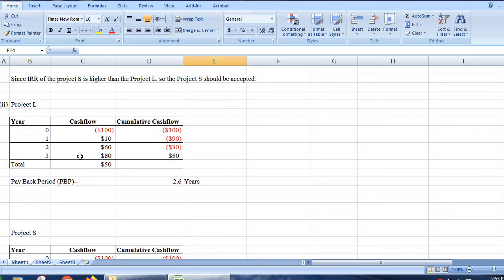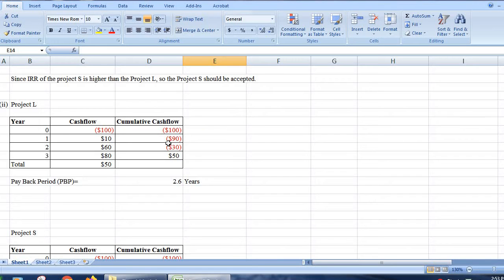For project L, the initial investment is $100 million, so its cumulative cash flow does not change, it is the same. Now the cumulative cash flow for year one will be the previous cumulative cash flow plus the total cash flow in year one.